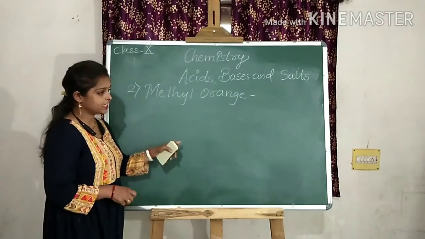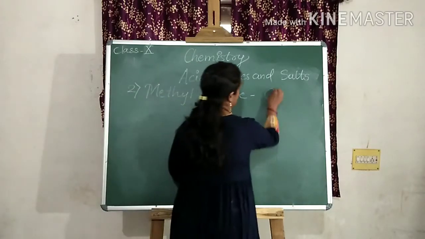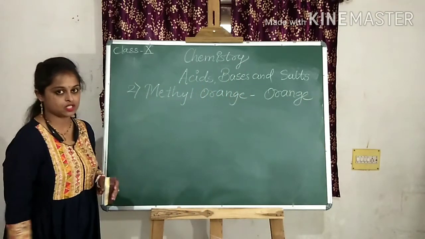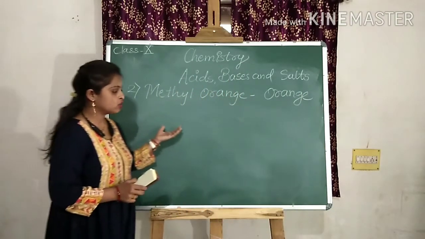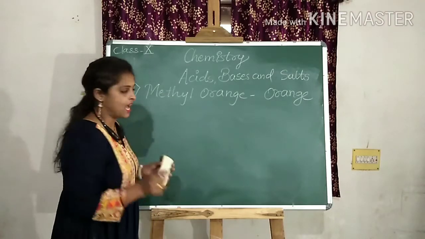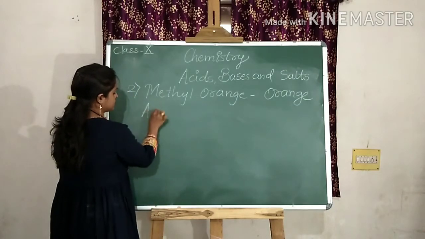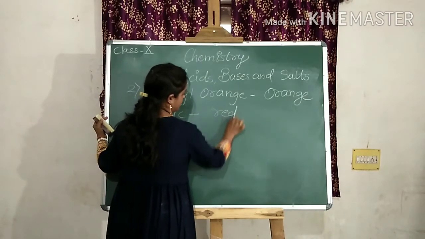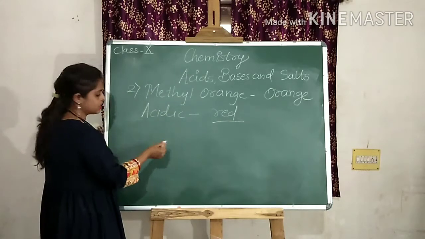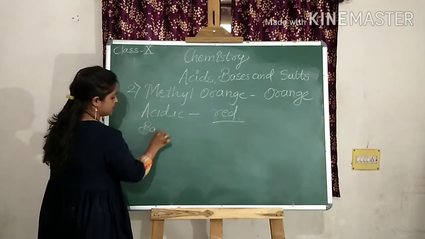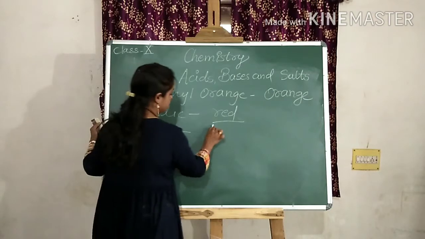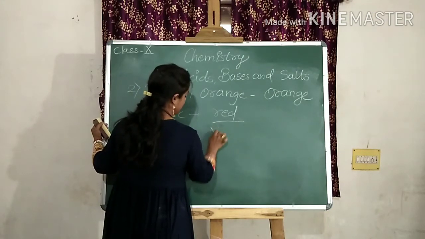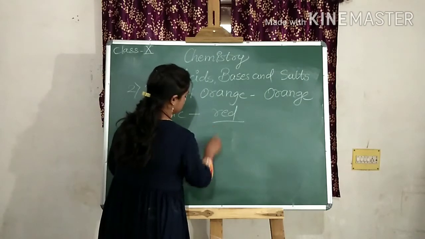Methyl orange has its original color, orange. If the substance is acidic, it turns red. That orange color turns red, and in the basic form it turns yellow.